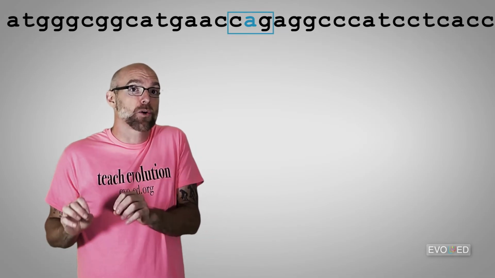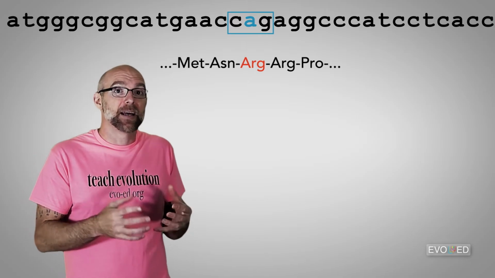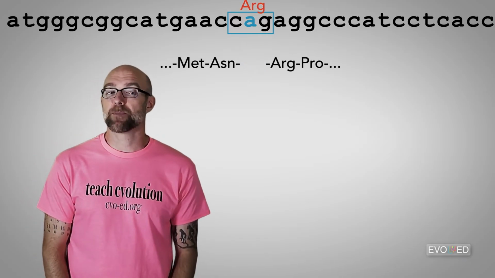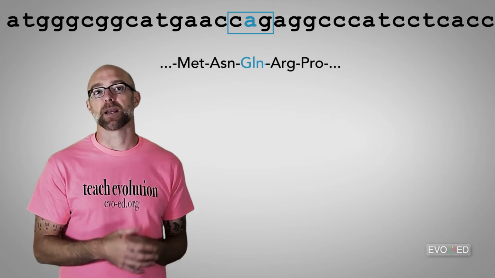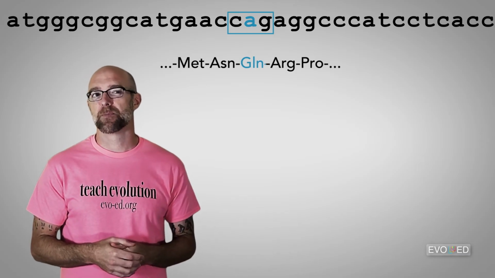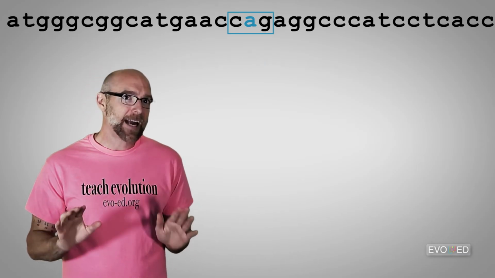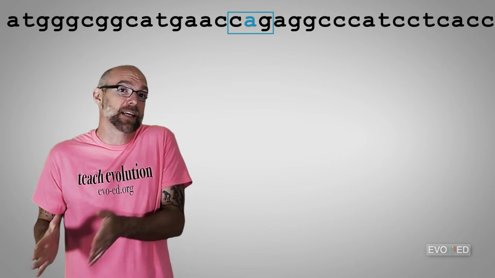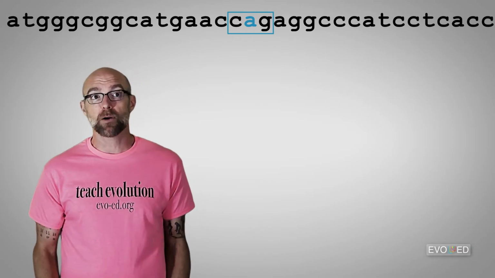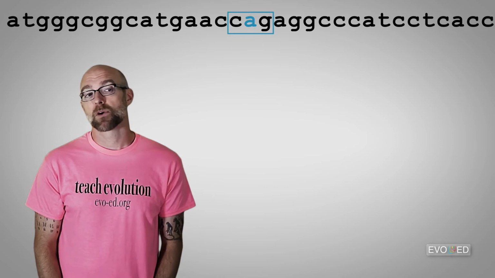This means that when the corresponding protein is made, instead of coding for an arginine at that position, a glutamine is coded for instead.